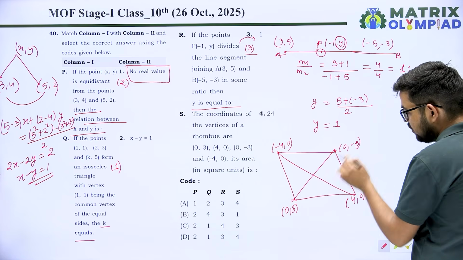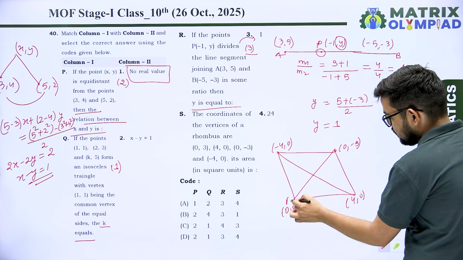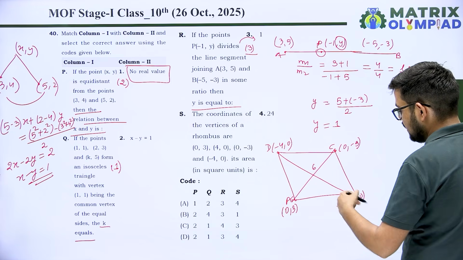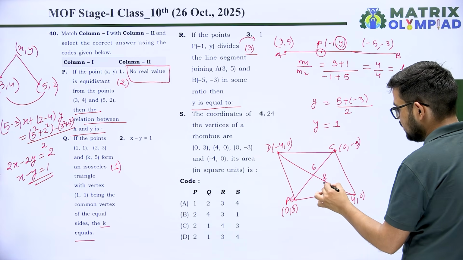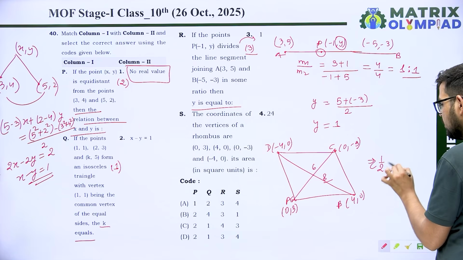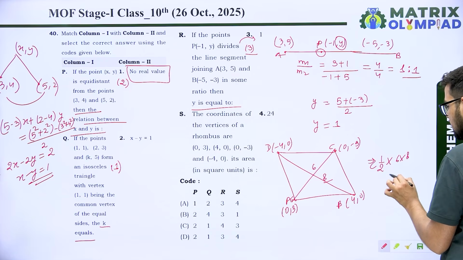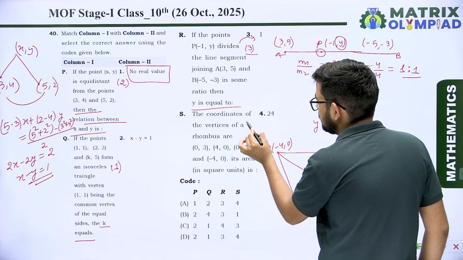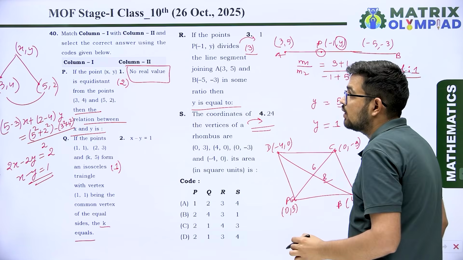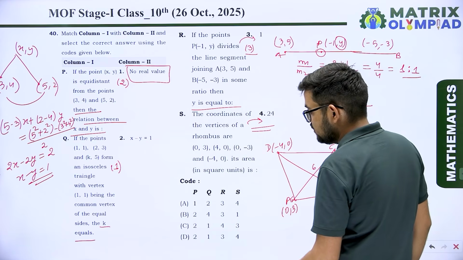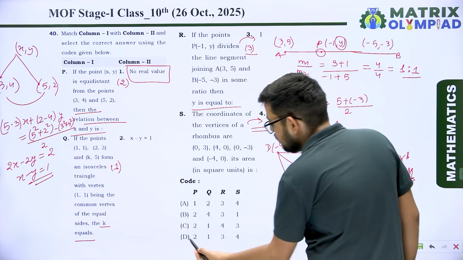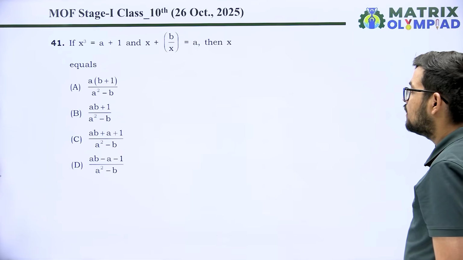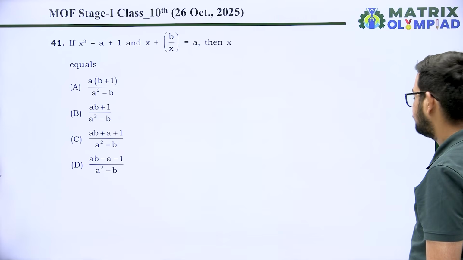First of all, the length of diagonal AC will be 6 units and BD will be 8 units. So the area will be half of 6 into 8, that is 24 square units. So S's correct answer is 24. So our correct code is 2134. Option D will be the correct answer. Next, question number 41.